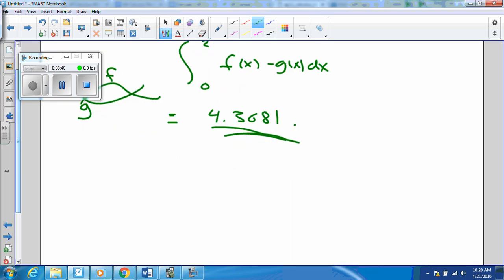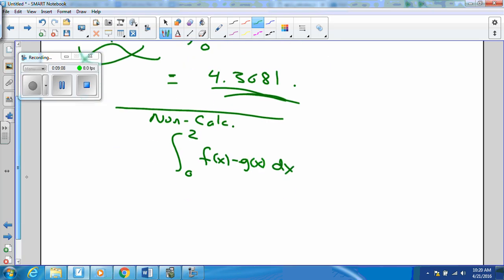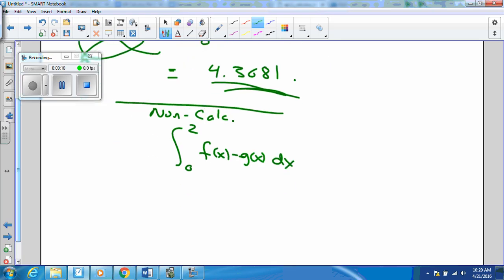If, on the other hand, I'm working on a non-calculator problem, or even a calculator problem, and they ask me for an expression that gives, maybe, the area, then this right here might very well come across as just a canned formula.